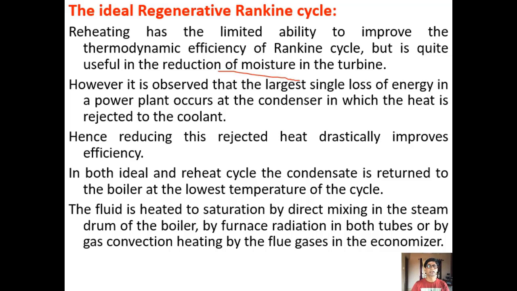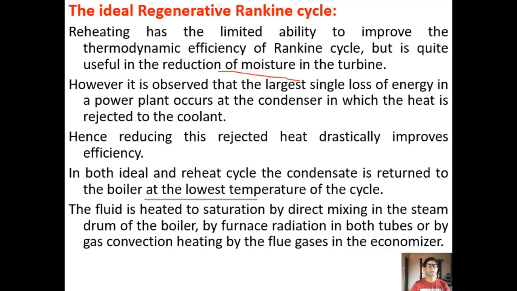In both ideal and reheat Rankine cycle, the condensate is returned to the boiler at the lowest temperature of the cycle. Though the exit temperature from the turbine is high, it is cooled back to its lowest temperature of the cycle before it is fed to the boiler. The fluid is heated.